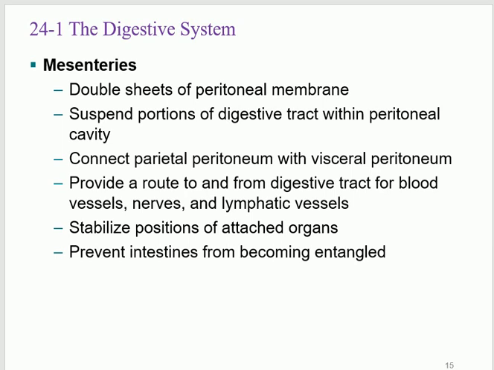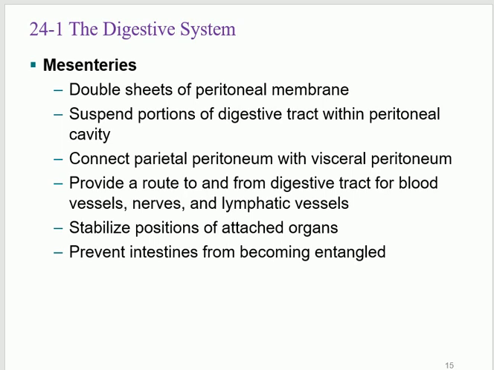You cannot have a liver in the air like this, just in the space. You cannot have it like that, right? It's going to fall, it's going to move. No, it doesn't happen because it is attached to the abdominal wall somehow. So mesentery is important. And if I ask you what a mesentery is, first, it's a double sheet of peritoneal membrane. Why do you have the mesentery? Two or three things: surrounding the organs, making an attachment to keep it in place.